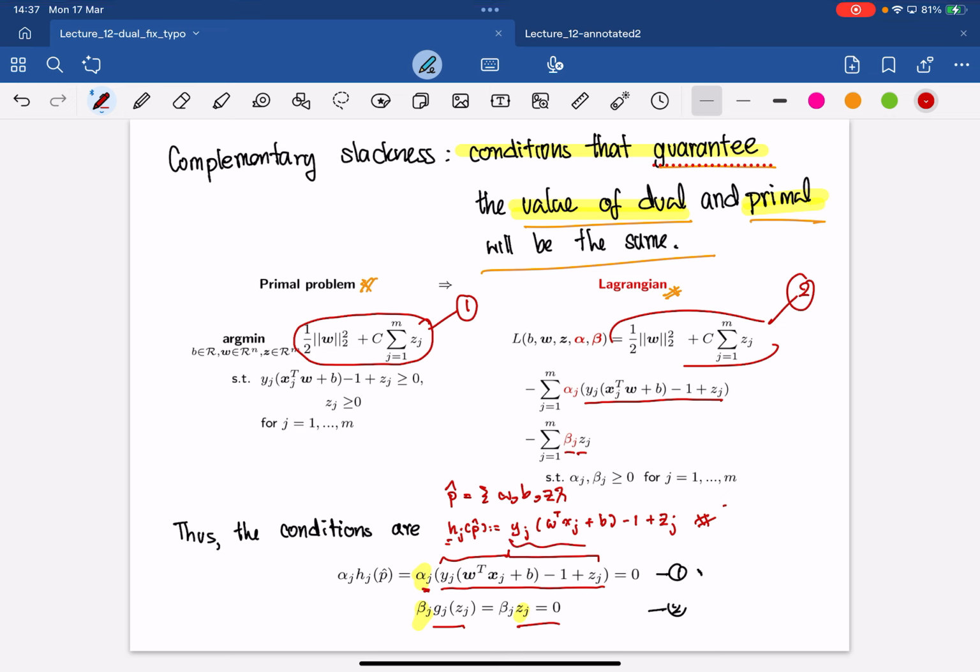It is so that I don't need to write very long sentences. So this means that the complementary slackness conditions are going to be alpha j times h_j of p hat equal to 0, and beta j times xi j equal to 0. That's the complementary slackness. It is the condition that makes the Lagrangian go back to the primal.